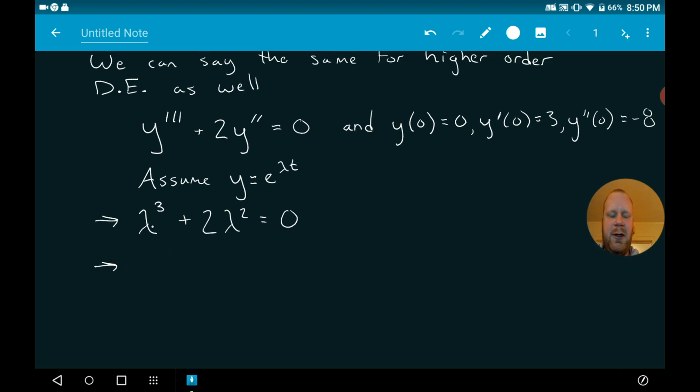And we're still just solving for lambda, so we can factor out a lambda squared here. And it turns out that we have one root here. I'll call this the third one. Lambda 3 is going to be negative 2, but for lambda 1 and 2, if we want to plug in a value for this, we can plug in 0. That would make this true.